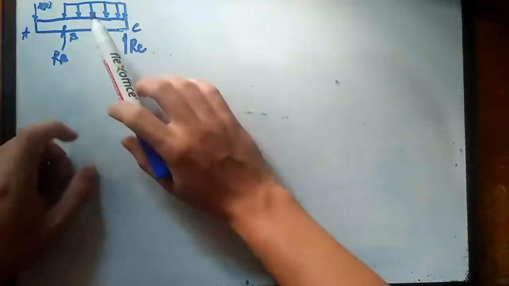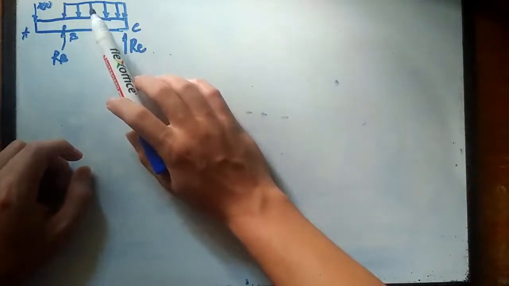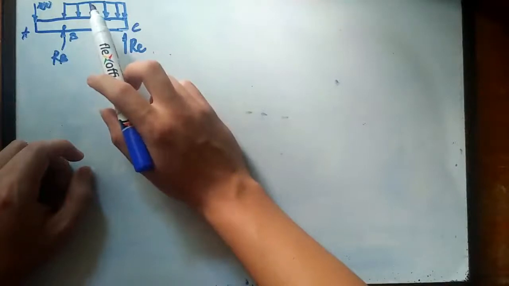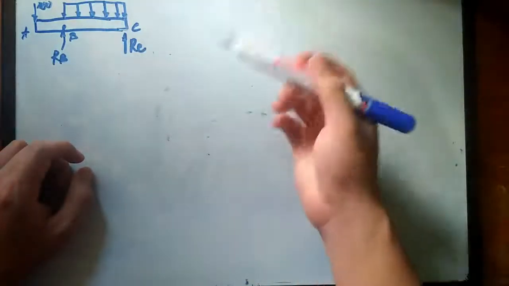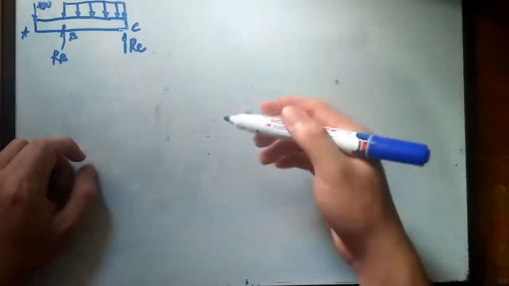But since we have this uniformly distributed load, we must first look for the concentrated load of this distributed load. And how are we going to do that? Since this is a uniformly distributed load and it has a geometrical shape of a rectangle, then we just need to use the formula for determining the area of a rectangle.